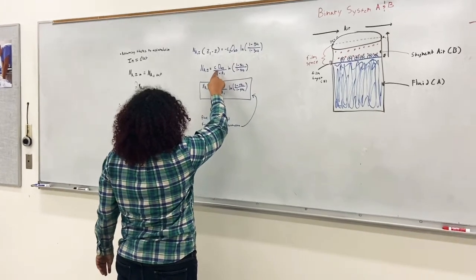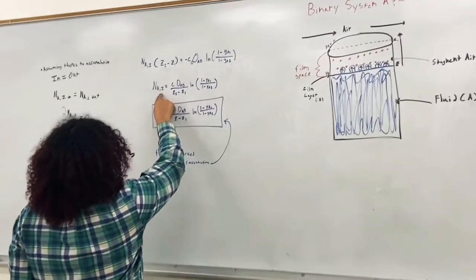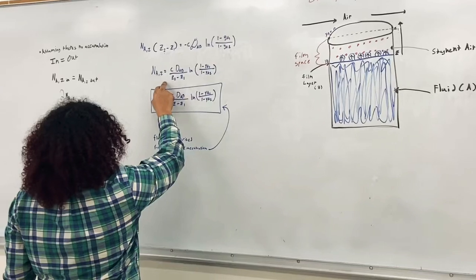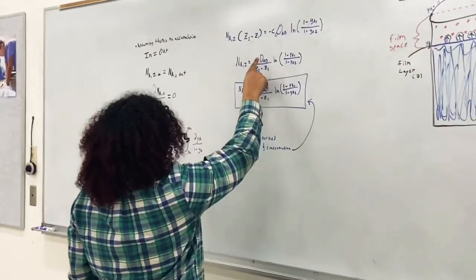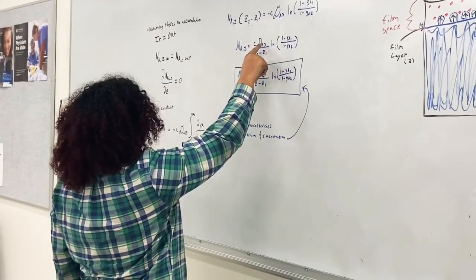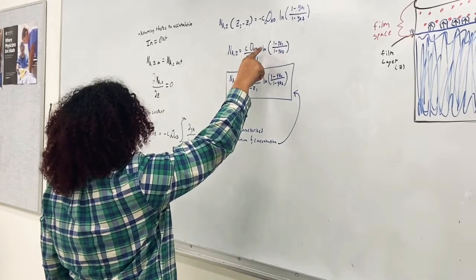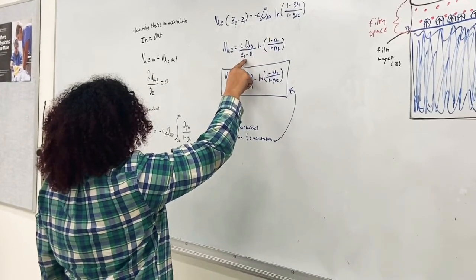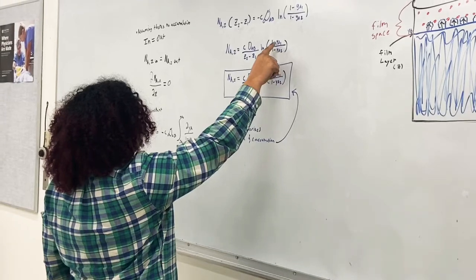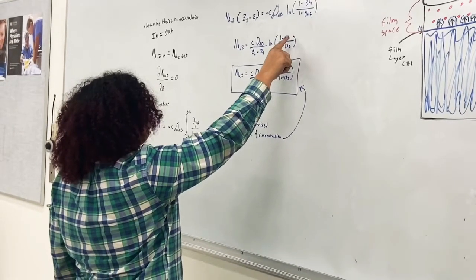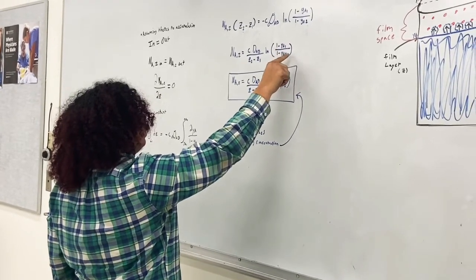And then from here, we can condense it a little bit more and get N of AZ by itself once we kick it to the other side, and we get the concentration times the diffusivity of AB over Z2 minus Z1, natural log of 1 minus YA over 1 minus YA2.